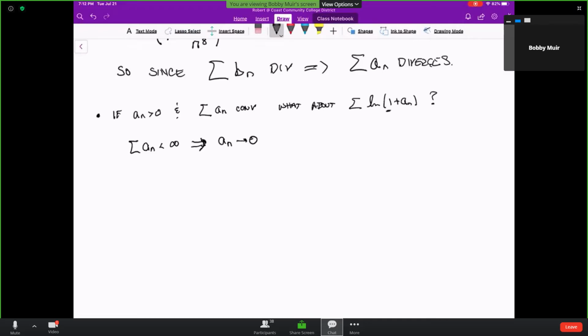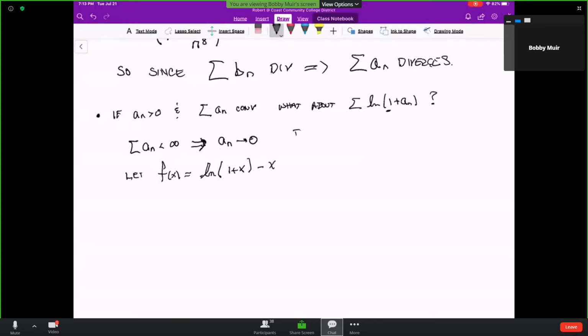what I'm going to do is see if I can bound this thing. So let f of x be this function, the natural log of 1 plus x minus x.